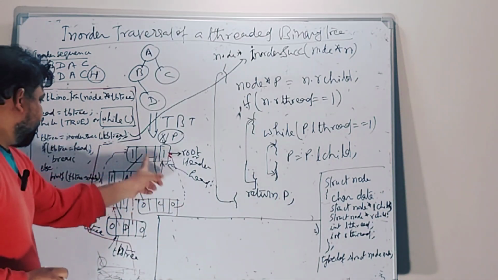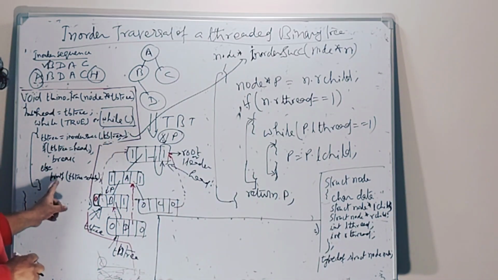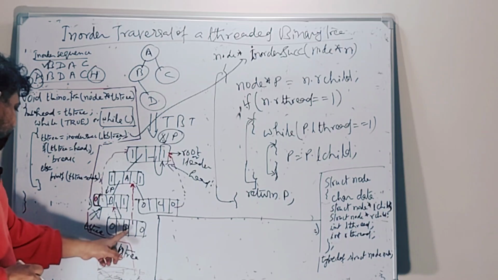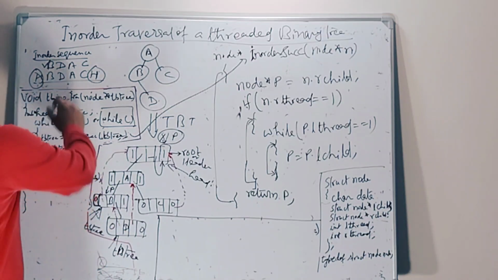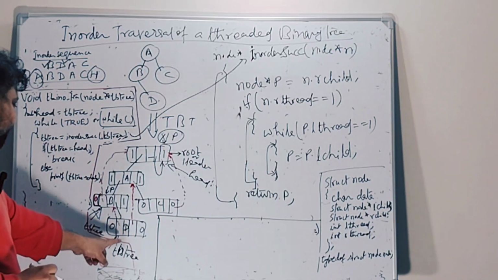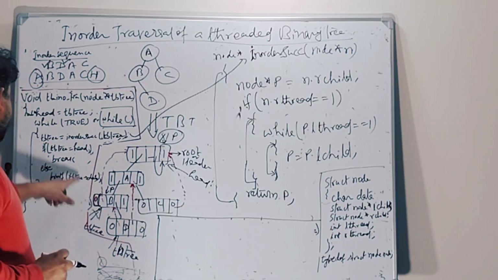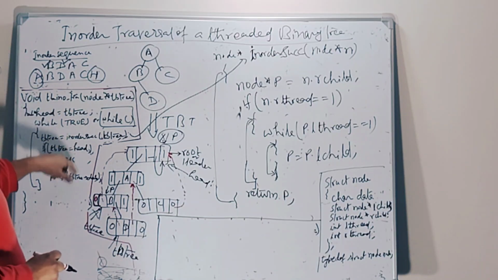No, it is not head, because head is pointing to this location. So in that case what will happen, printf tv_tree data, so after B it will print D, and after printing D the loop will continue once again.